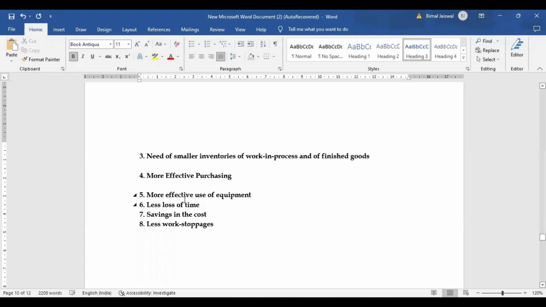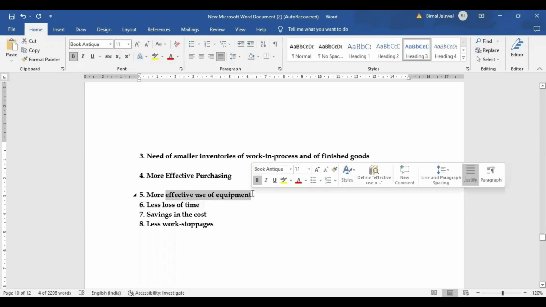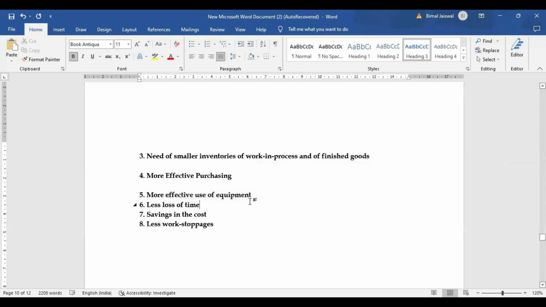This we have already discussed, that effective use of equipment will be done. Because when we apply the control, it will automatically identify what has been used and what has not been used, which is overused and which is underused. If we want the life of the equipment to be achieved, then automatically there should be effective use of the equipment.